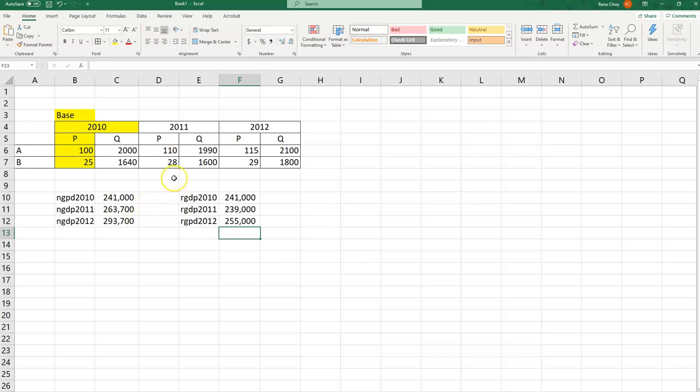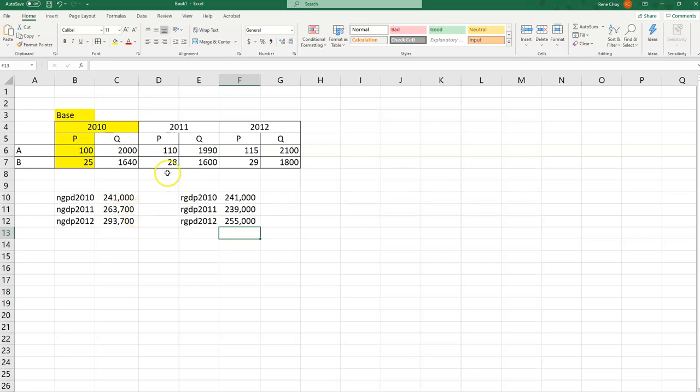But look, we have a problem here. Between the year 2010 and 2011, prices went up in both products, but quantities went down. When quantities go down, there was a decline in production. But because of the increase in prices, if you look at the nominal number, it looks like the economy was growing.